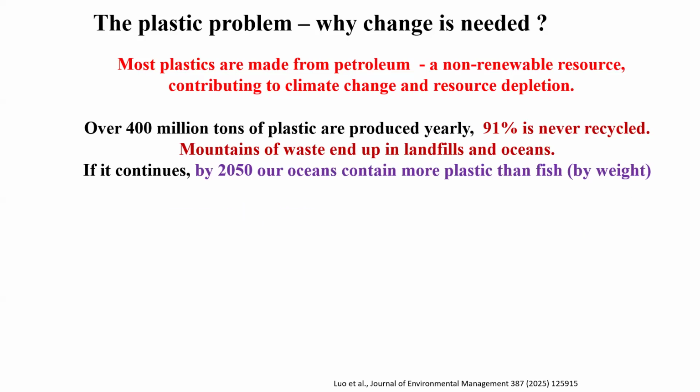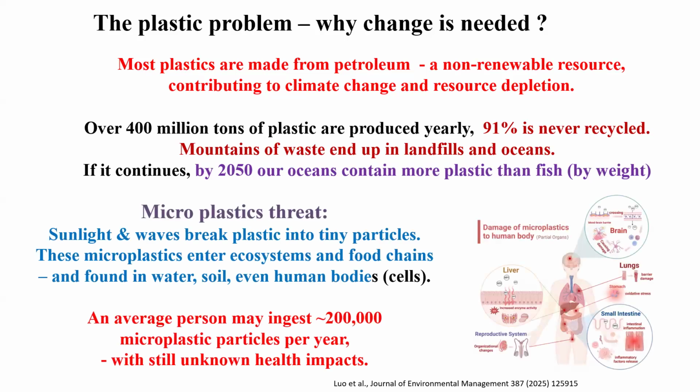So this is the macroplastic problem, but there is also a microplastic problem because sunlight and waves break these plastics into small tiny particles, and these microplastics then enter ecosystems and food chains, and they are found in water and soil and human bodies. They enter our cells and so on.